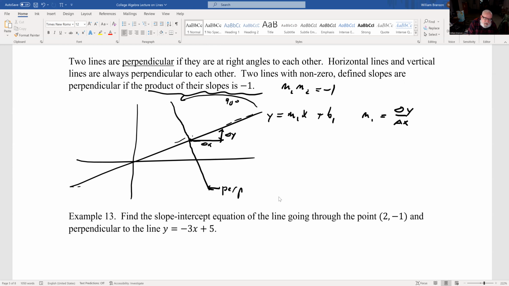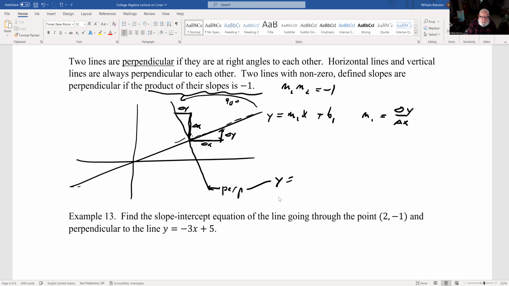But if I rotate this triangle through 90 degrees, what happens? The delta x becomes my change in y, and my delta y becomes my change in x. And now my delta x, I'm going right delta y and down delta x, so there's a minus sign.